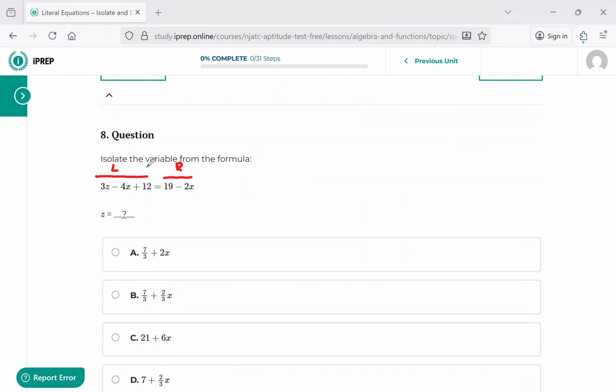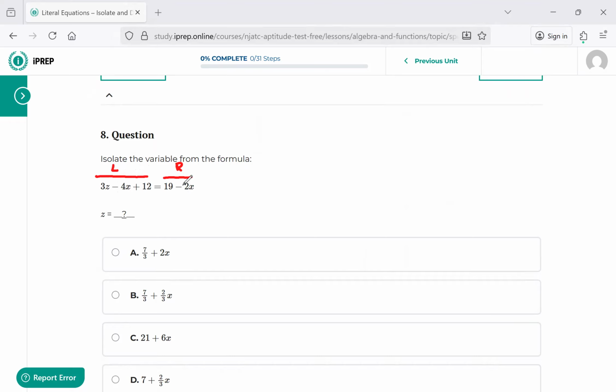When we're dealing with a one or two-step equation, we always have to check if we can combine like terms on the left and right before we move things around. So look at the left side. We have 3z minus 4x plus 12. Can we combine like terms? No, we can't, because they're different letters, right? We have a z, an x, and then a constant. They don't mix. And then on the right, can we combine them? No. A constant and a letter x don't mix.